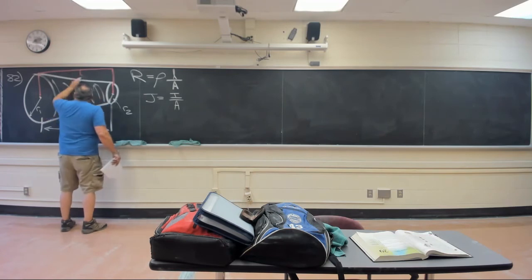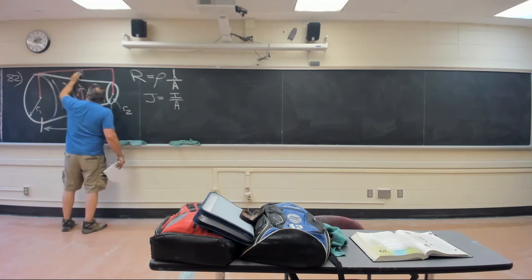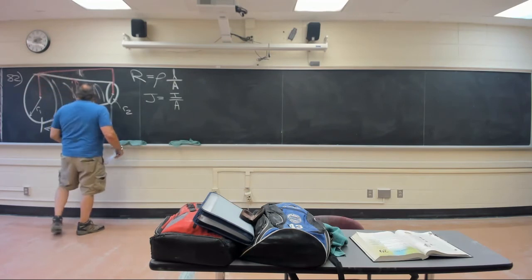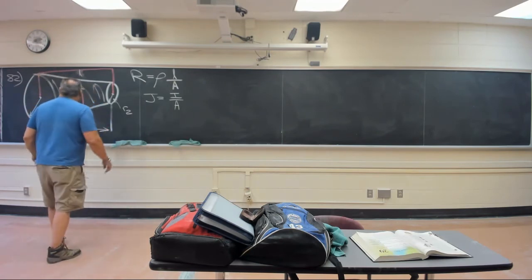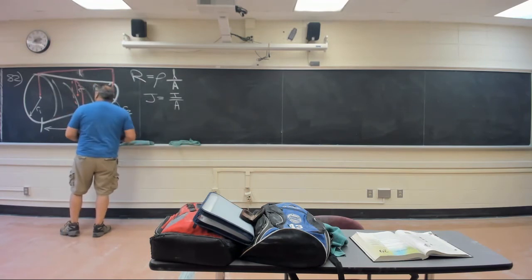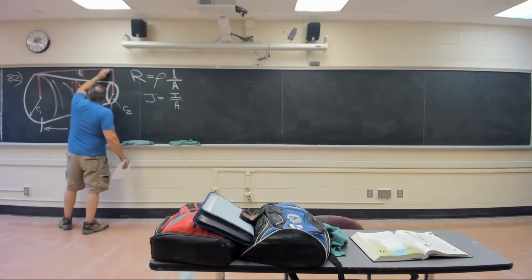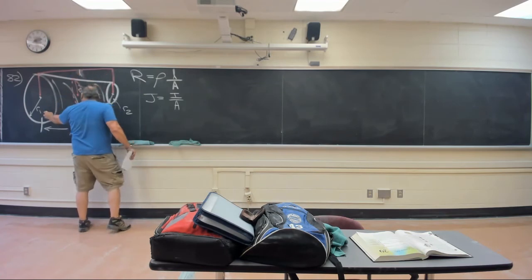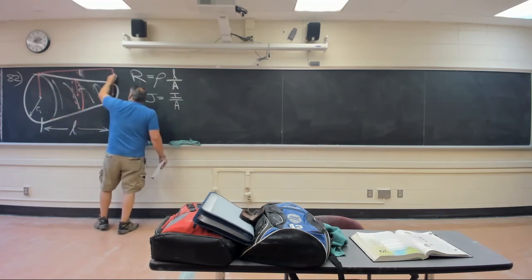I don't know how well this is visible, guys, so forgive me. Let's just say it was a horizontal distance. If you went L across, you dropped from R1 to R2.